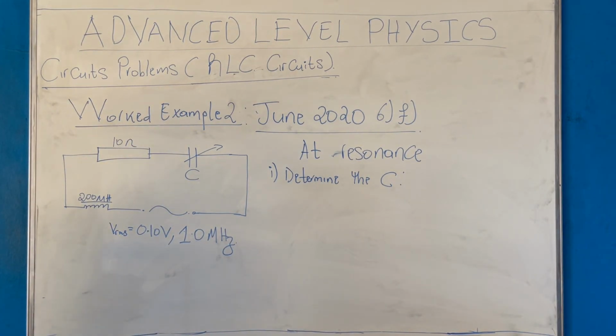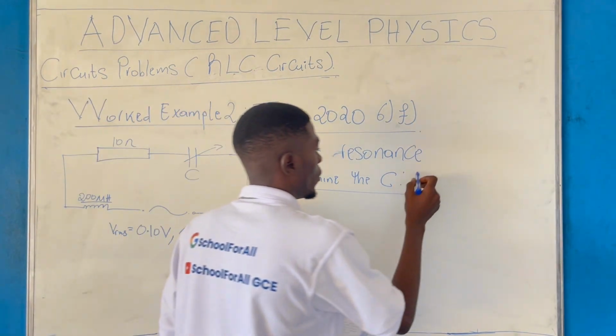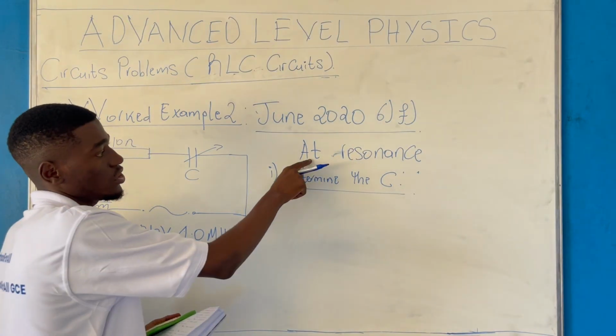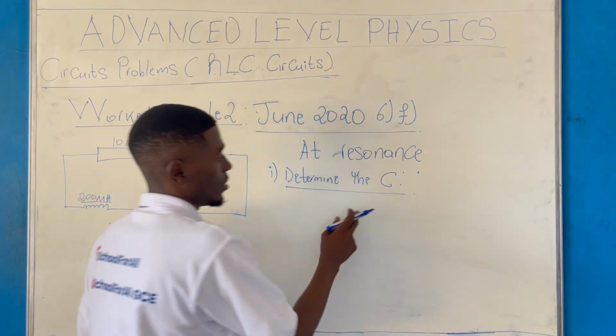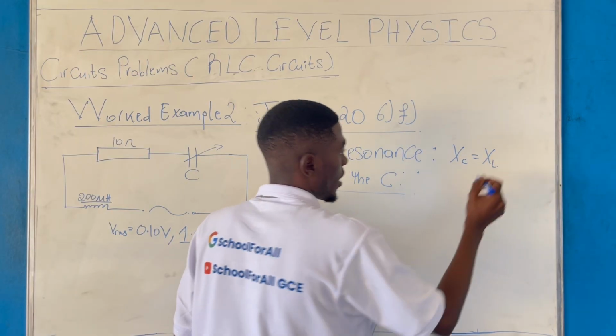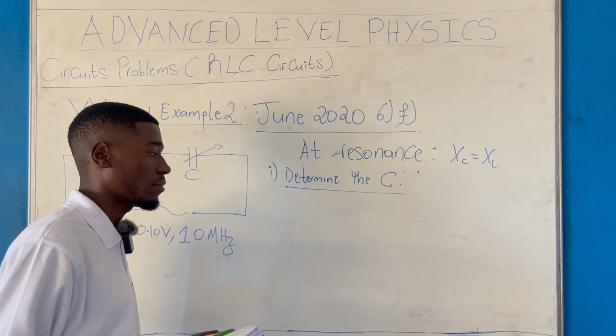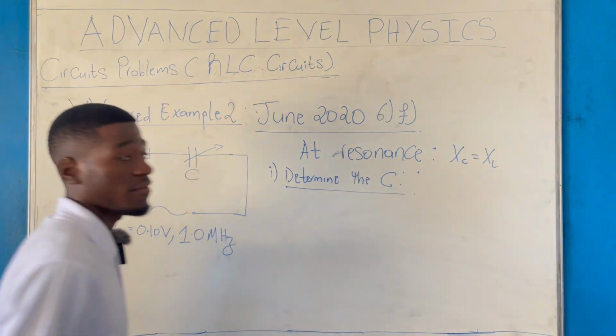Students, we all know that the condition for resonance is that XC should be equal to XL, so the capacitive reactance should be equal to the inductive reactance. From then I can find the value of C.